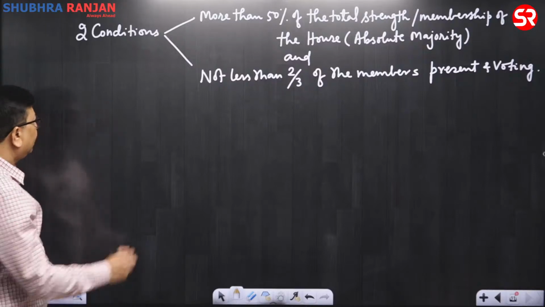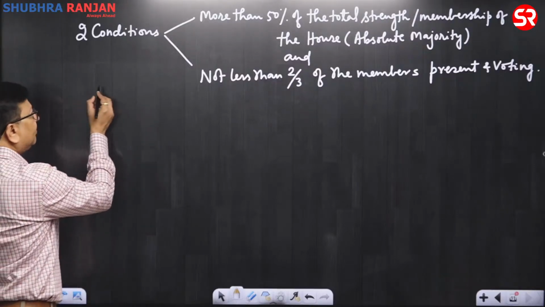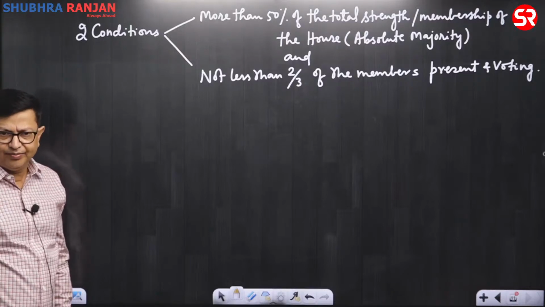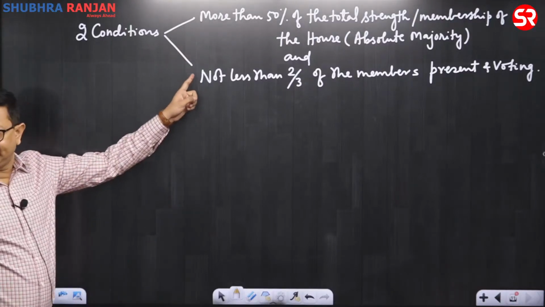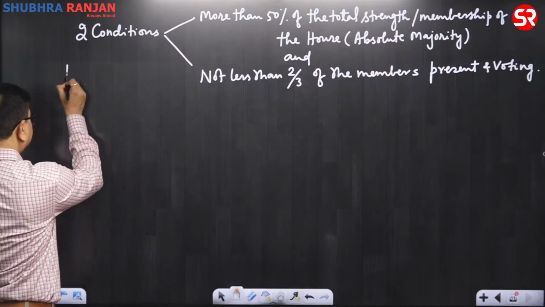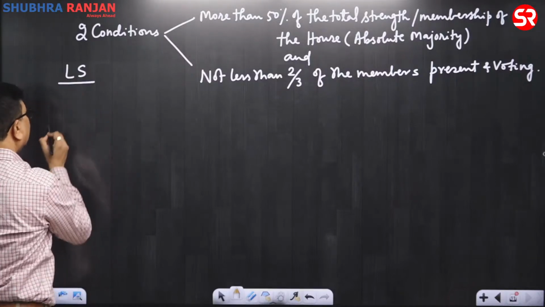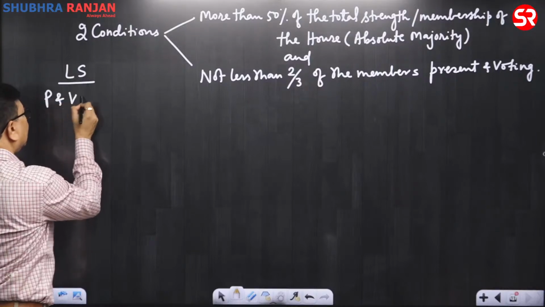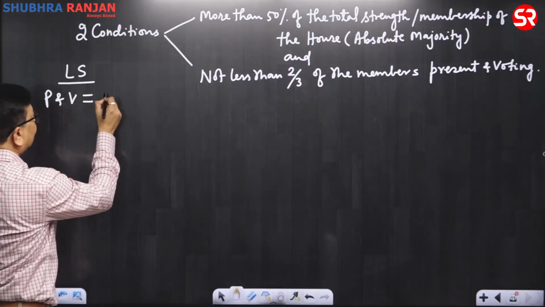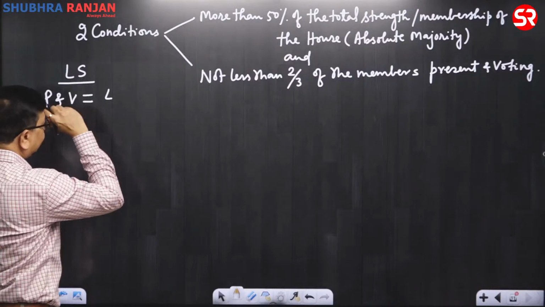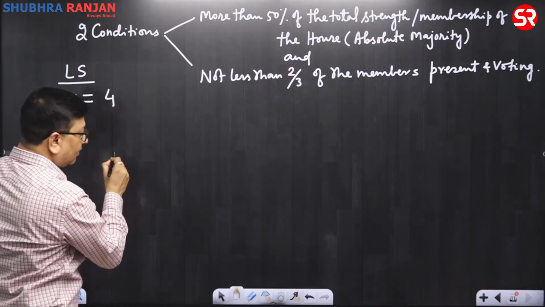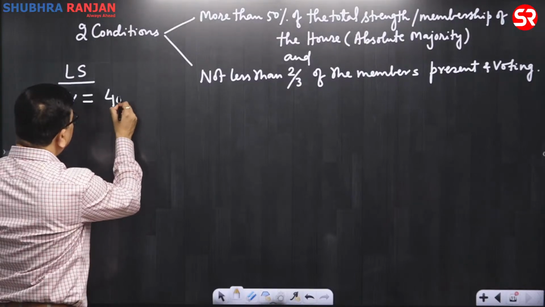Now, let us take a condition when a bill has been introduced in the Lok Sabha which needs this majority, and in the Lok Sabha, suppose the members who are present and voting are 400.